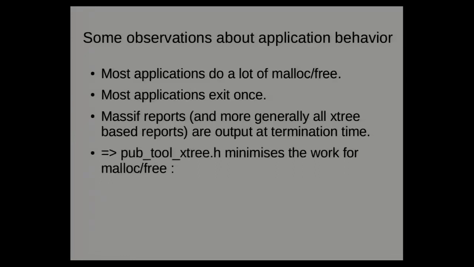So pub_tool_x3.h minimizes the work for malloc and free, or more generally, minimizes the work done when you are recording an event during the run. First, to optimize the CPU, it only maintains the data for the leaf X3 nodes.